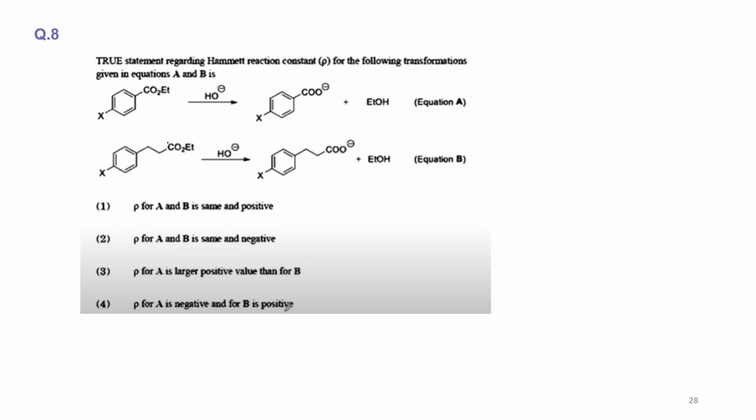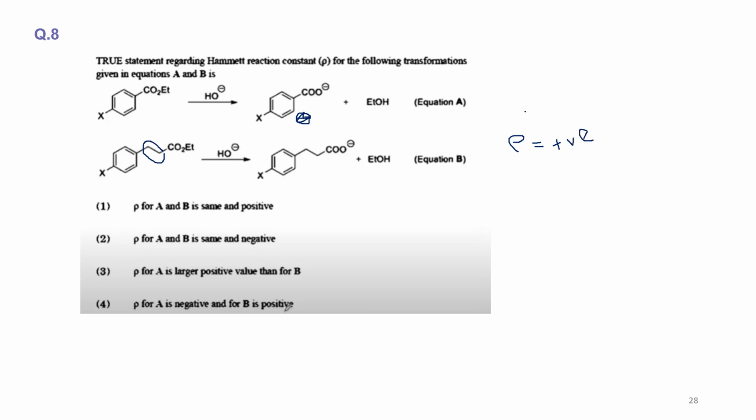So rho, as I have discussed, whenever there is a huge distance, the effect will be lower. As it is an ester hydrolysis and the product is negatively charged, the rho value will obviously be positive in both cases, just similar to benzoic acid.